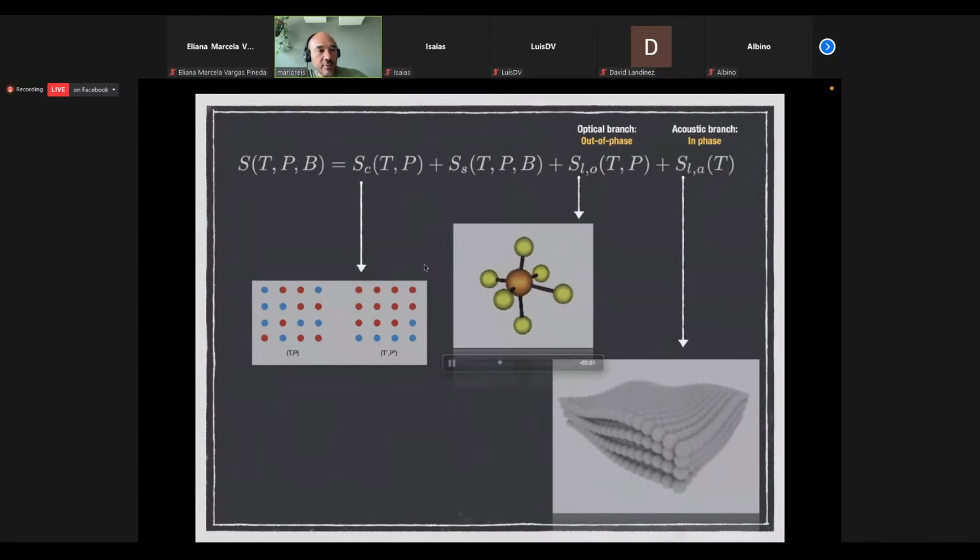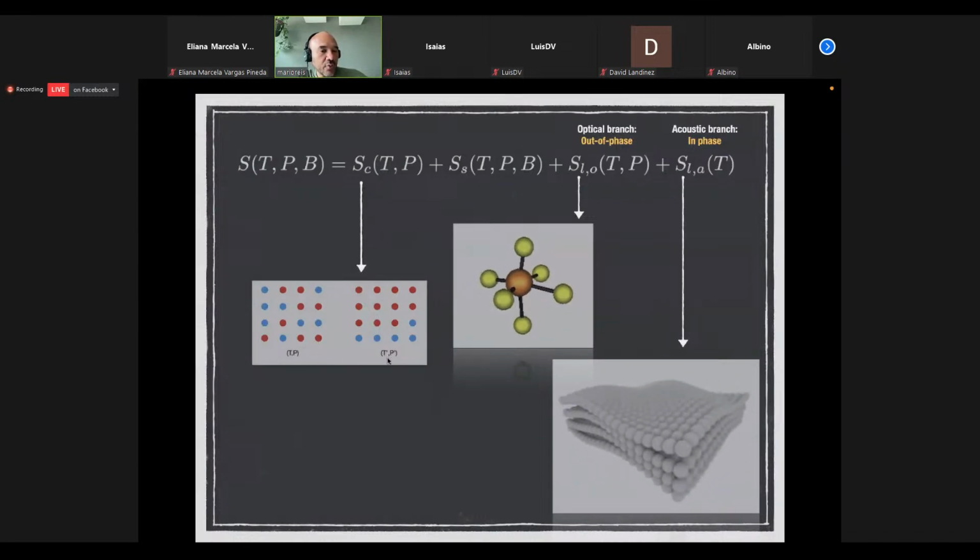How is our model? Here is the entropy. We have introduced one contribution that depends on the position, because here the blue circles are low spin molecules, red circles are high spin molecules for a certain temperature and pressure.